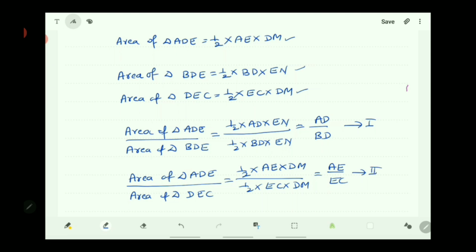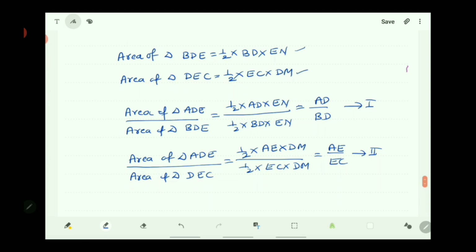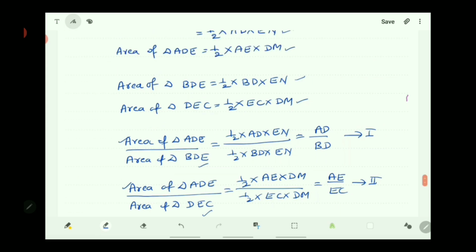You must observe both ratios: area of triangle ADE by area of triangle BDE, and area of triangle ADE by area of triangle DEC. The numerator is the area of the same triangle ADE, but see the denominators: area of triangle BDE and area of triangle DEC.